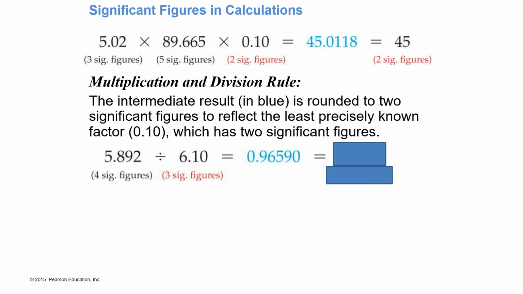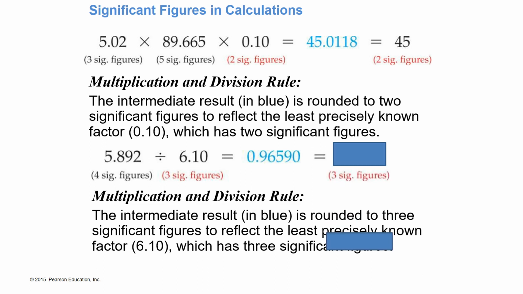Looking at the second one, division and multiplication work by the same rules. So 5.892 divided by 6.10 gives us a decimal of 0.96590. How many sig figs can my answer be? 3. So I can only have 3 sig figs. What will my answer be? 0.966.